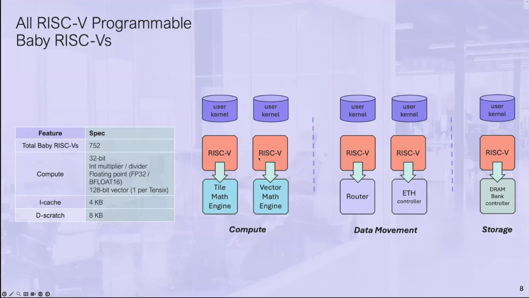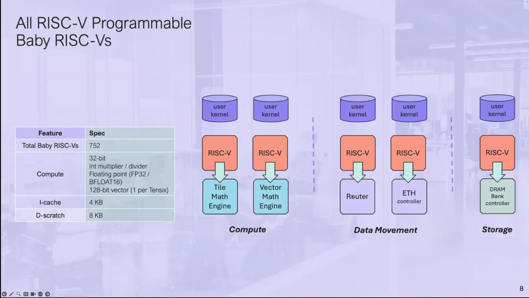But tied to these hardened cores, you have your baby RISC-V cores that can be used to set up the control stuff needed for your hardened math units. Similar to data movement, we have hardened circuitry to talk to our NOC and our routers and other data movement portions like our DRAM controller and whatnot.